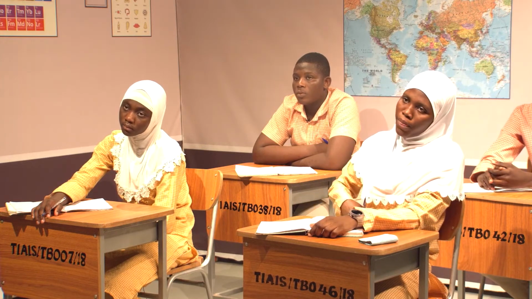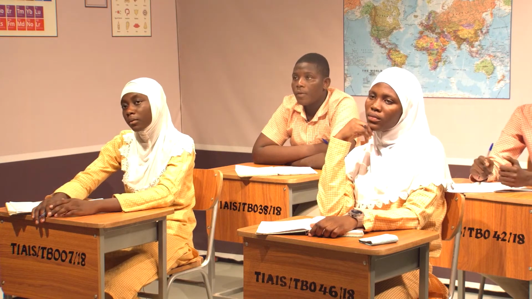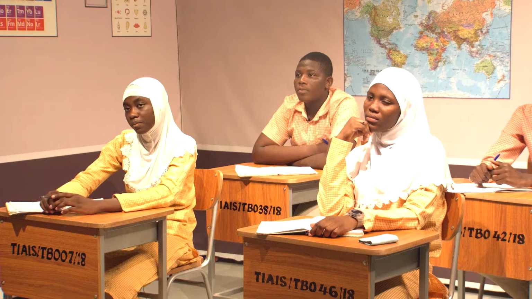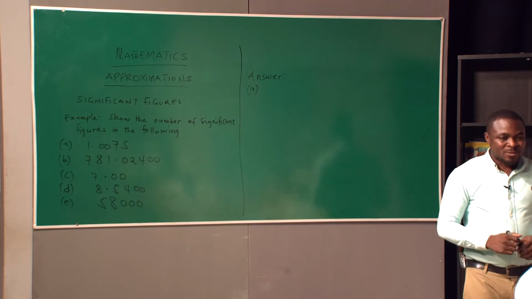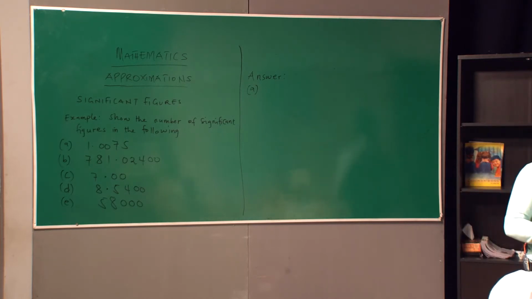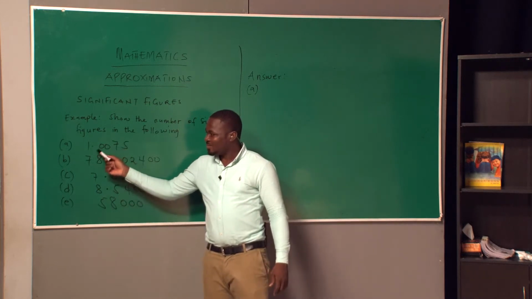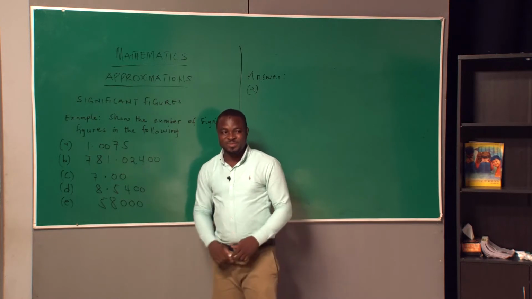I've already explained it to you. Yakubu, look at it very well. How many are there? There are 3. Is Yakubu right? There are how many? 5. Count them. 2, 3, 4, 5. Yes.